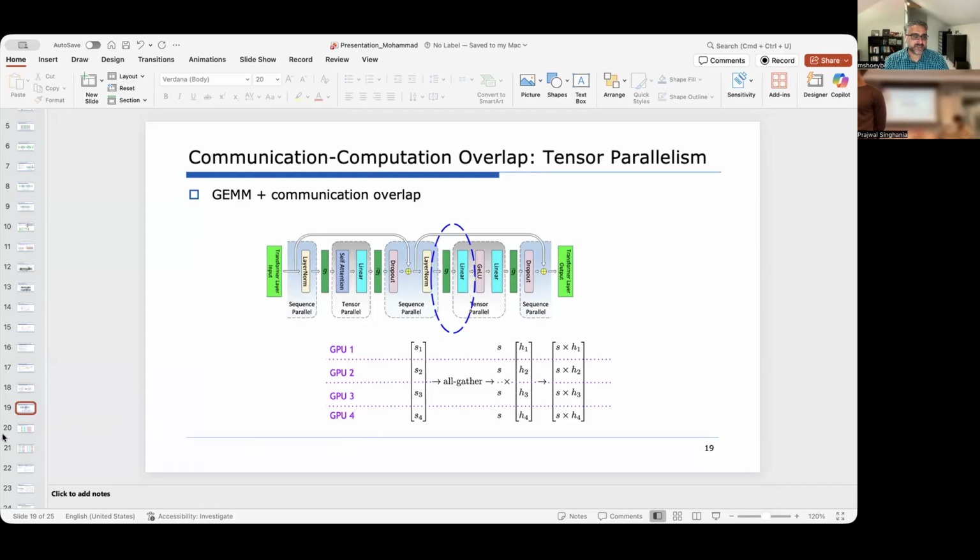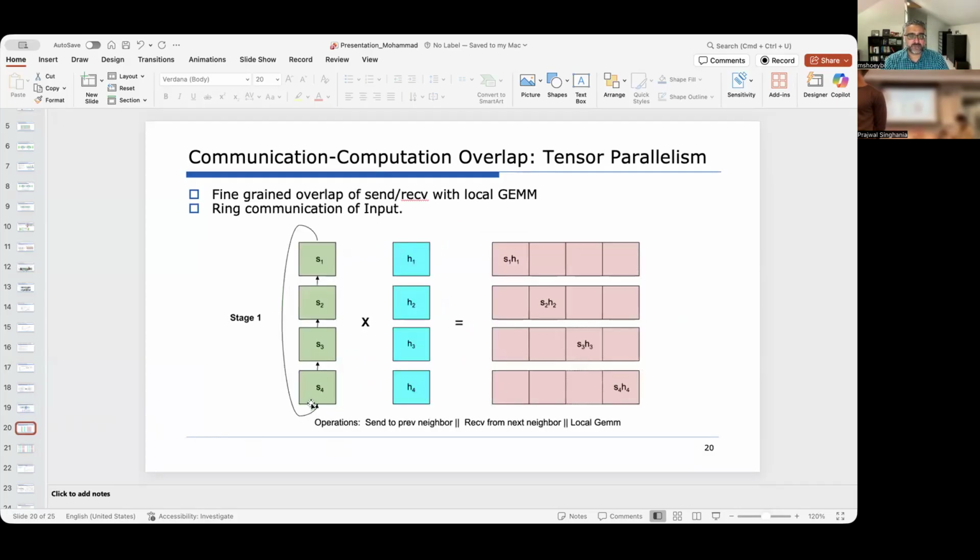So this is what happens. You rotate these sequences between your GPUs, and then you multiply them with part of the matrix, and this final matrix you compose piece by piece.